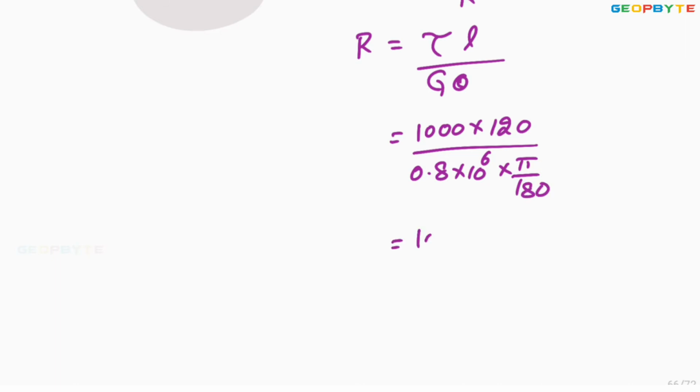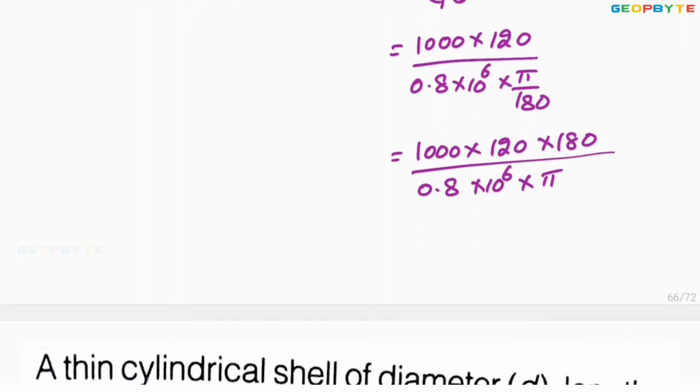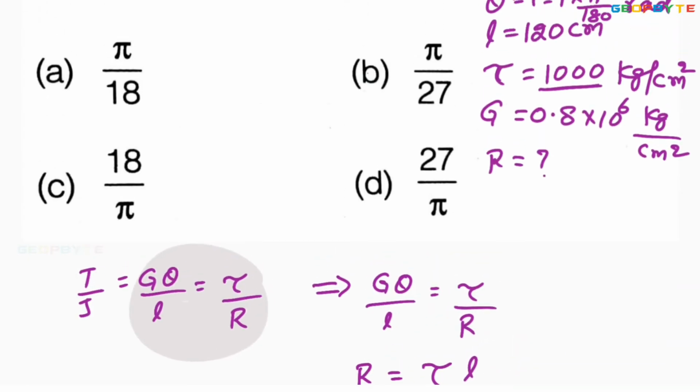It is equal to 1000 into 120 into 180 divided by 0.8 into 10 raised to 6 into pi. You simplify this value to get around 27 by pi. It is in centimeters. This is the radius of the shaft, 27 by pi. Look at the options. Look at option D, 27 by pi. I hope you got my point. Let us take one more problem.